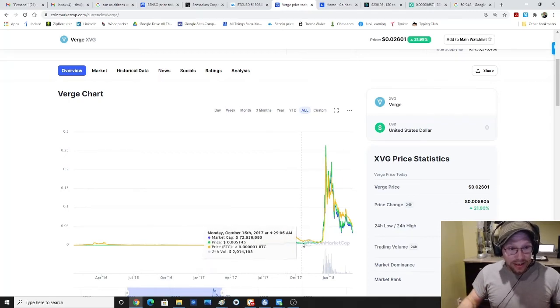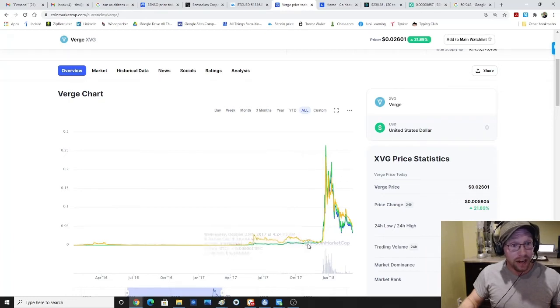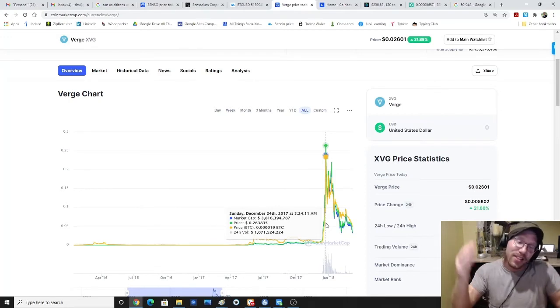But just wait and see what happens. Boom, boom. And then Verge paid John McAfee, the antivirus guy, to talk about it. And look what happened. Boom! $3.8 billion of market cap. Can you actually sell it at that amount?